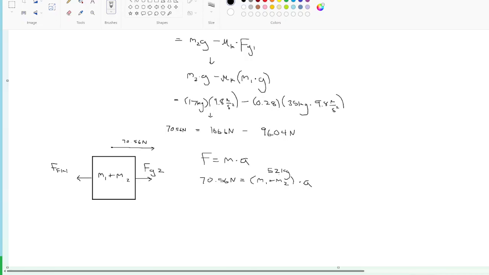So we divide 70.56 by 52 kilograms, and what we get is 1.3569 meters per second squared, which is equal to acceleration.